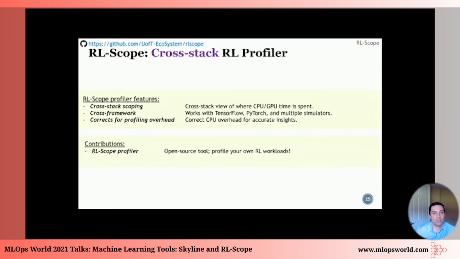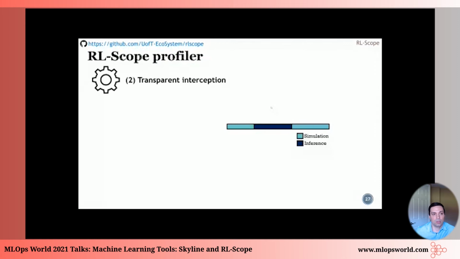RL-Scope needs really minimal information from the developer. The only thing we need is a simple annotation where you tell us which part of the code is simulation, which is inference, and which is backprop. You can't really figure that out automatically. That's difficult. So just add these three annotations, and that's pretty much what we need from the user. That allows us to generate understandable output for you, where we say this runtime was in simulation versus that in inference.